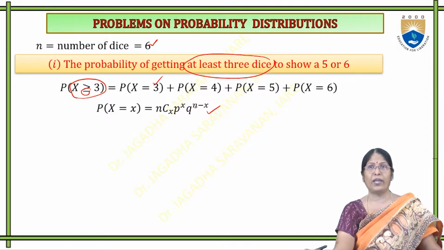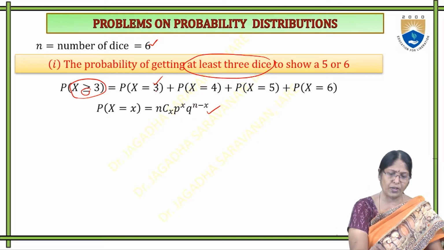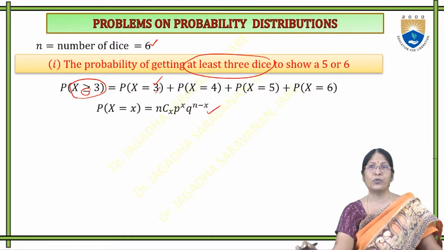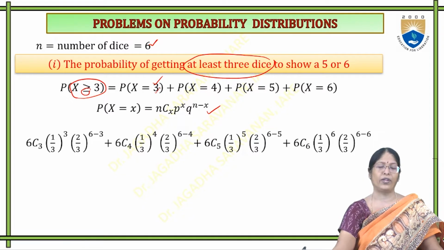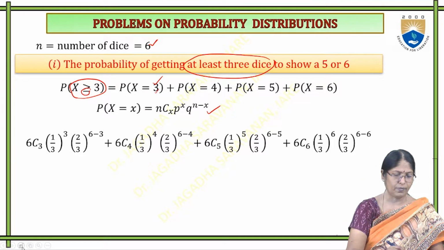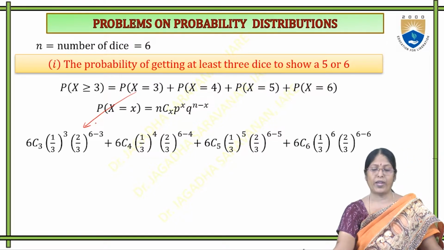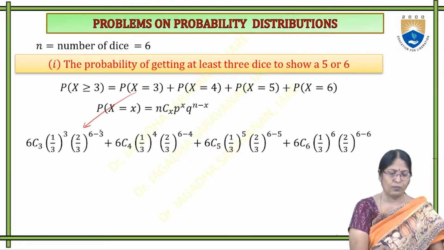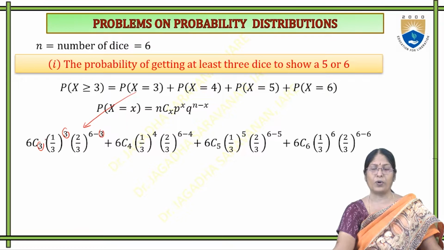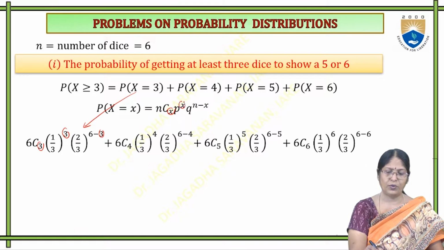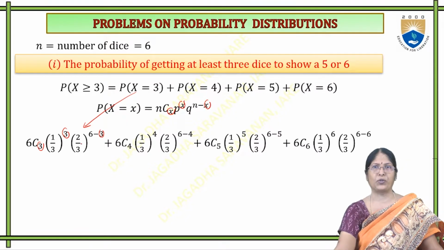So according to this 3, we will substitute it in the x places. We can see it here. Yes, this is for x equal to 3. 1, 2, 3 places x is there in the formula. So we substituted.